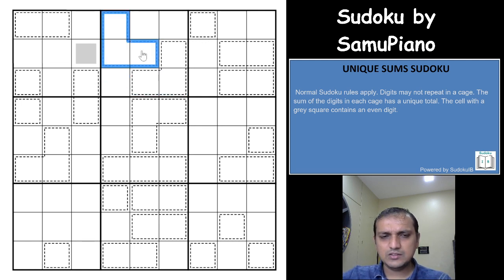Which means the maximum cage that we have, which is either 22 or greater than 22, can never be in these 4 cages, so it has to be this one. So this is a cage which is 22 or more. How do I write that? Okay, this would have to be 22 or more, right?